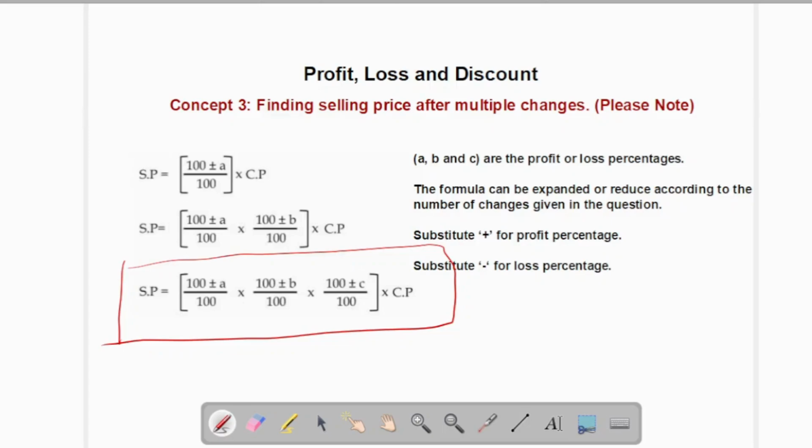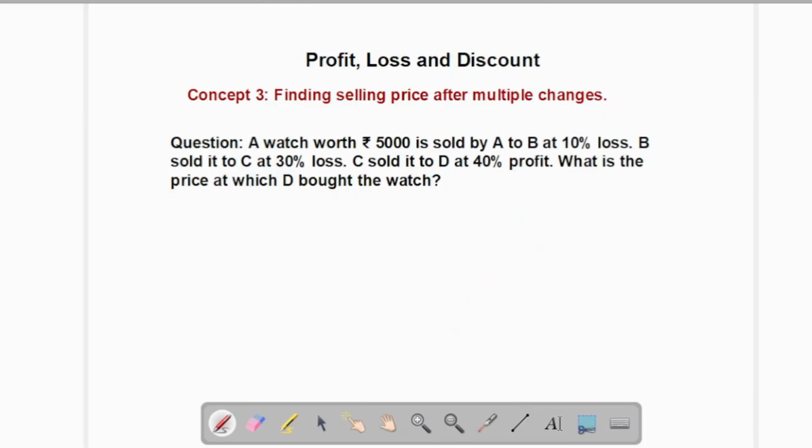Now in this formula, I am trying to establish the relationship of 3 changes. You may have 4-5 changes in the problem. So instead of A, B, C, you have to take A, B, C, D or A, B, C, D, E, F.